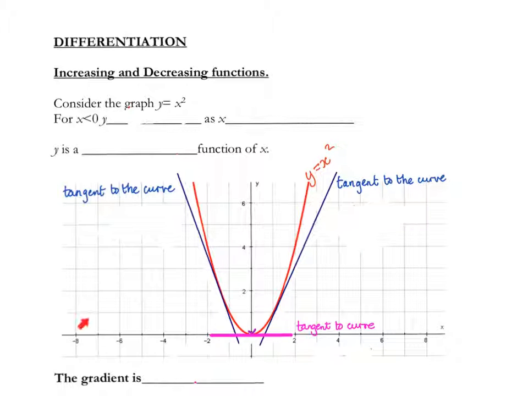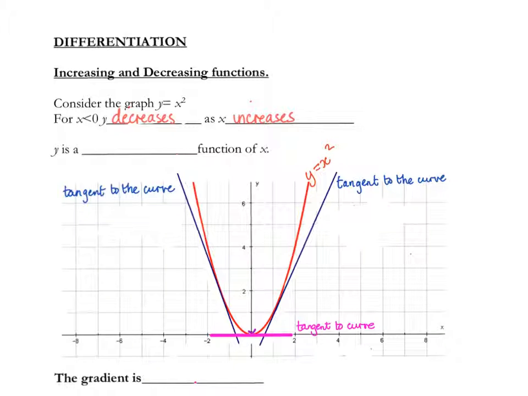So for x less than 0, if we come from this side and go along to 0 in that direction, we can see that y goes from a value up here and down. So we can actually say that y decreases as x increases.